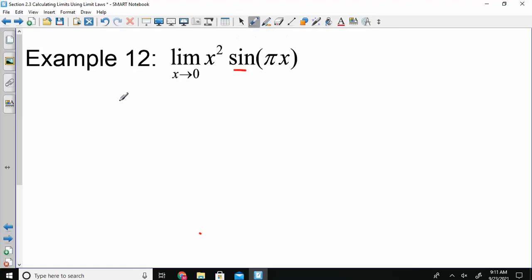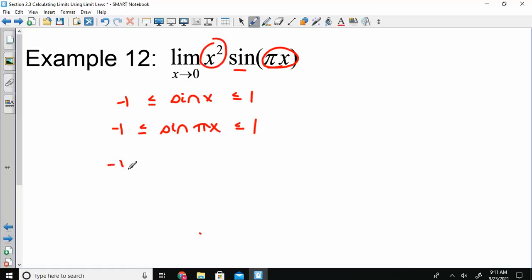So when I see either a sine or a cosine, I know that's between -1 and 1. Then change your angle to match what we need, because changing the angle doesn't change the high and low points. Then we need the x squared, so if I take everything times x squared, and then what do we need to add in? The limit.